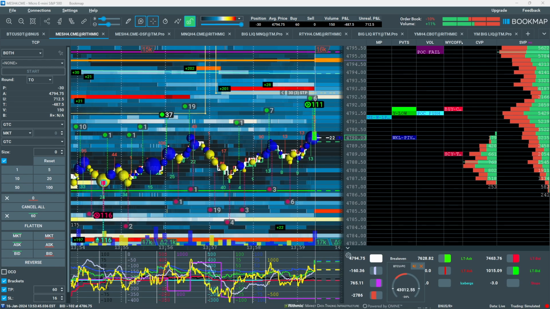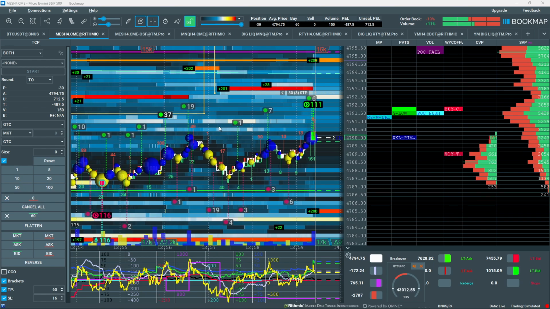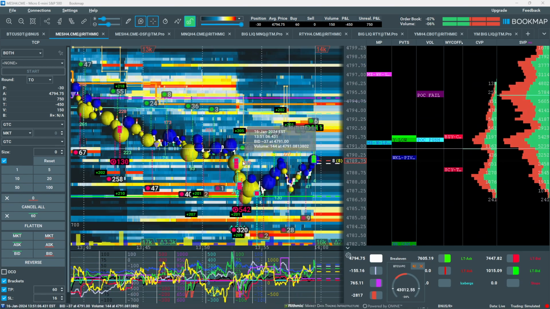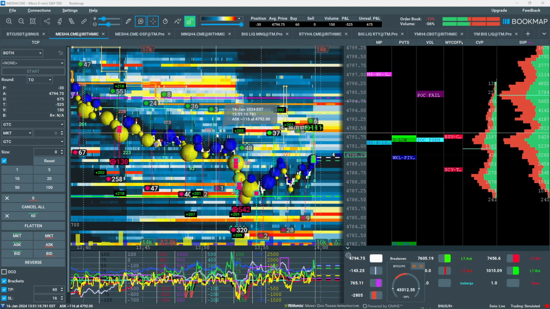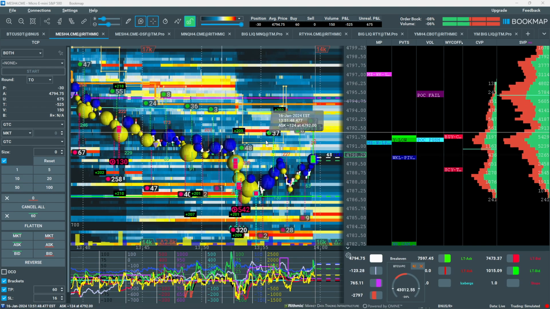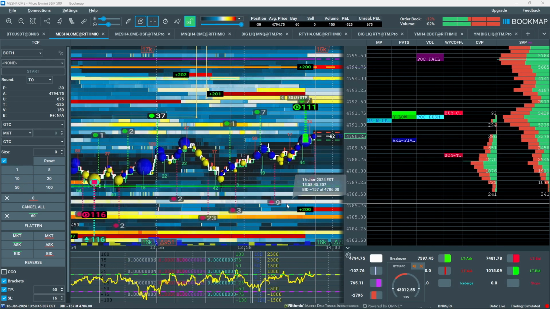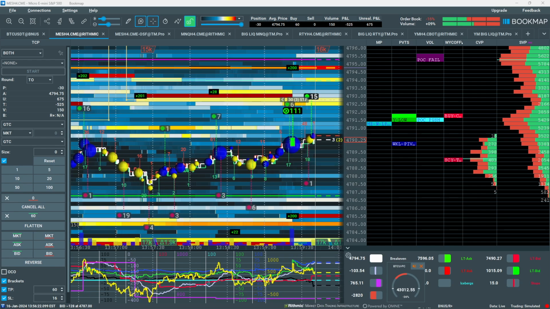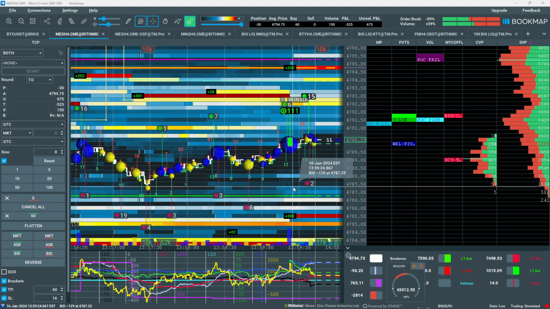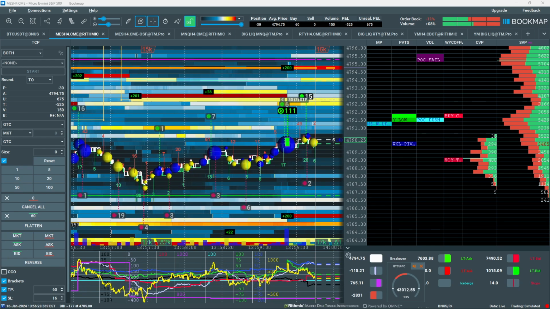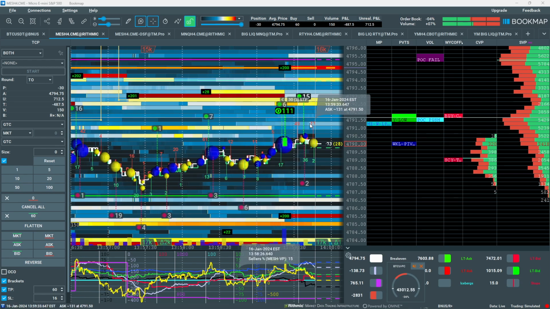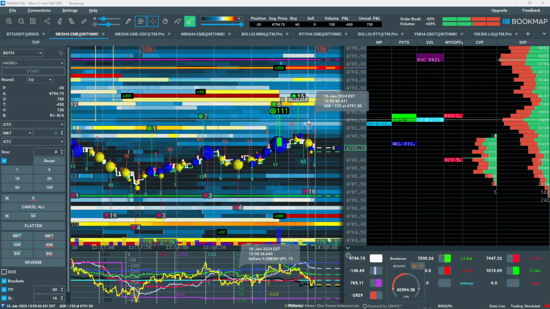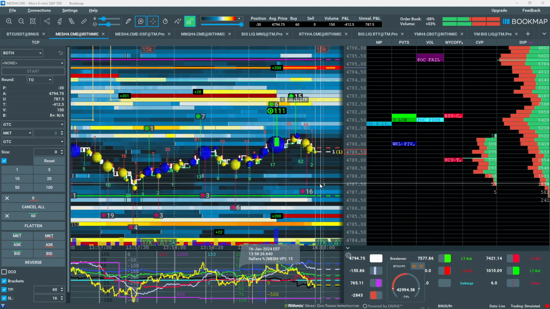I think my stop is in the right place, just above Camarilla S4 and the lower deviation band. Let's see if the selling has exhausted and it's going to stop me out, or if we get a rejection right there, reinforcing some selling at 47.91.50.